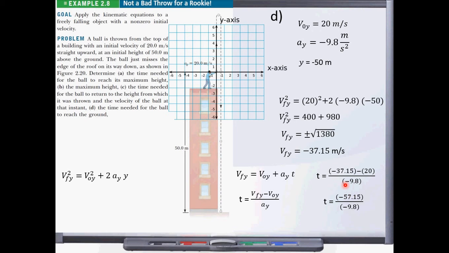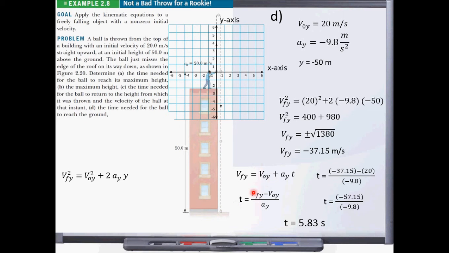From the subtraction in the numerator, you have minus 57.15 divided by the acceleration. The time is 5.83 seconds. So the time from here to here, all the way until you get to the ground, is 5.83 seconds. Okay, perfect.